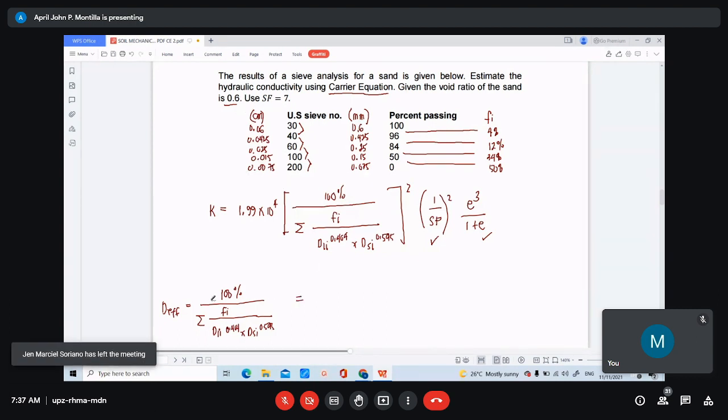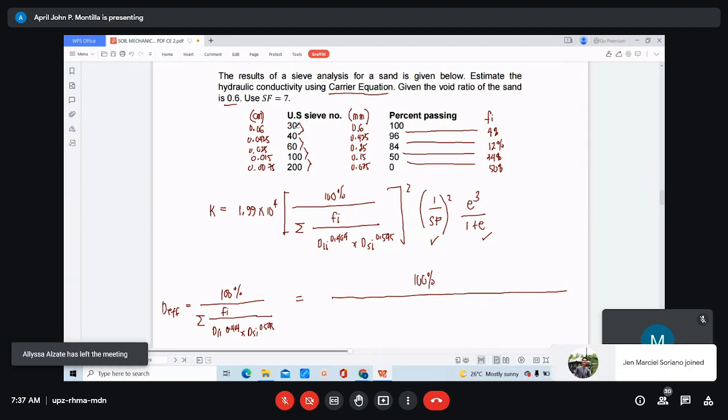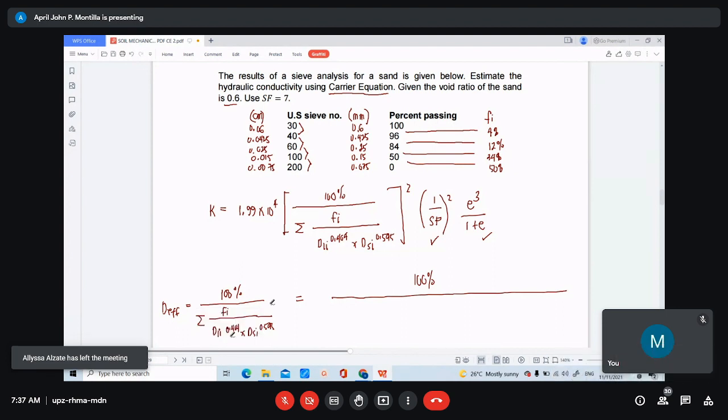So, analyze first effective grain size. That is 100% divided by summation. Madami tayong isa-sum up. Simplify muna natin yung unang magkasunod na sieve, number 30 and number 40. Kukunin natin yung Fi over DLi times DSi nila. Between number 30 and 40, ang fraction of particles nila ay 4% over, ano ang DLi?